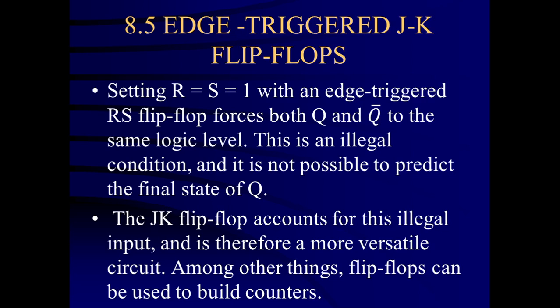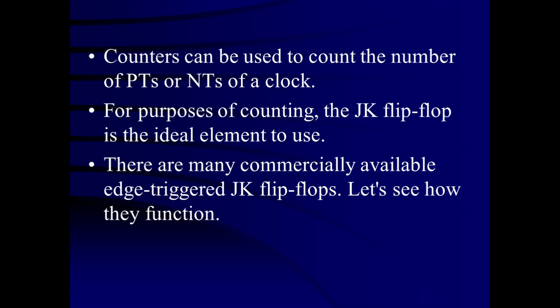Among other things, flip flops can be used to build counters. Counters can be used to count the number of positive transitions or negative transitions of the clock pulses. For this purpose, the JK flip-flop is the ideal element to use. So there are many commercially available edge-triggered JK flip-flops. Let us see how they function.